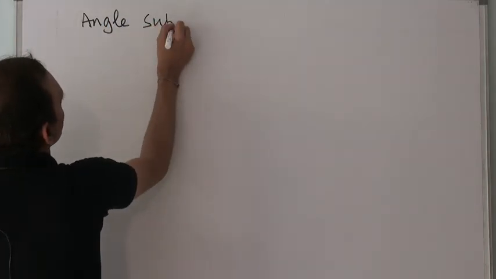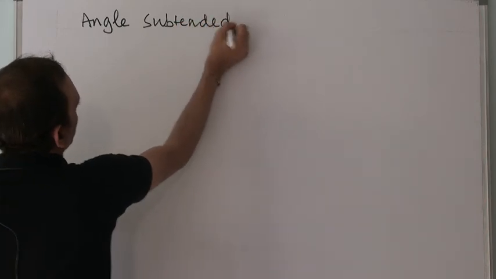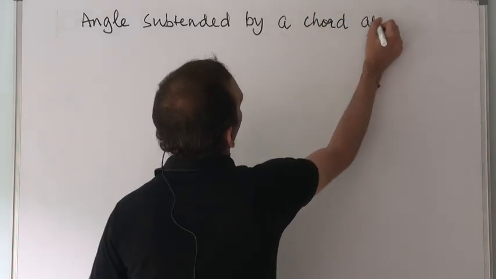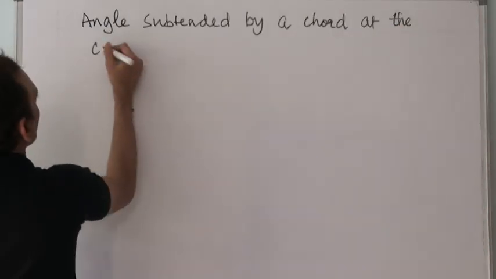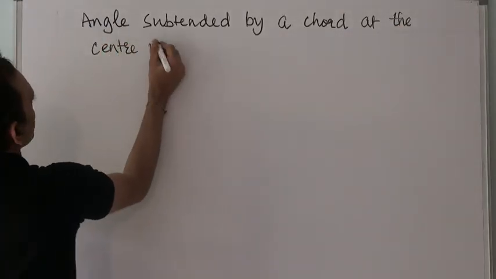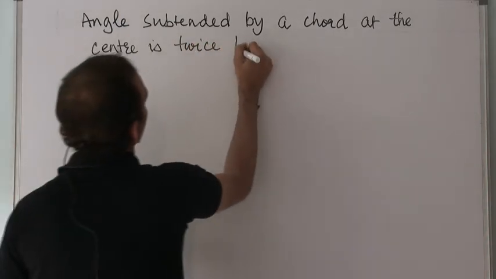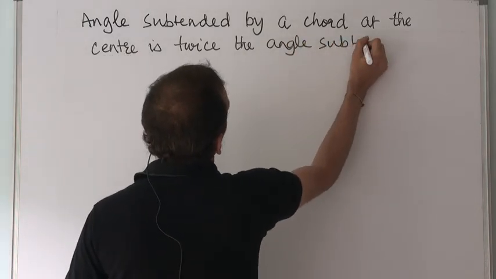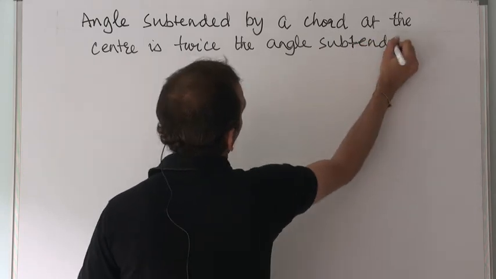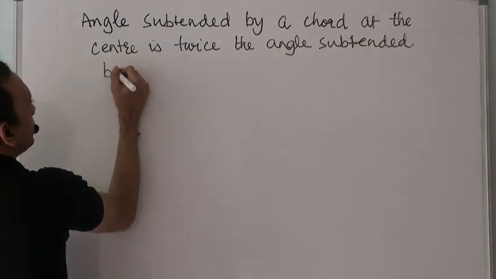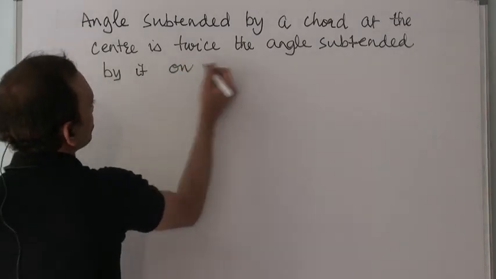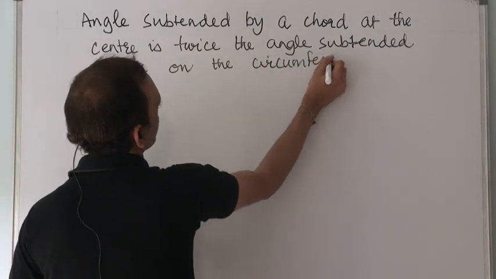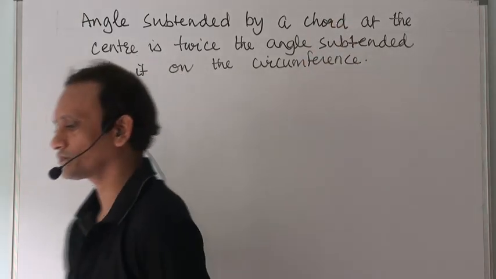Angle subtended by a chord at the center is twice the angle subtended by it on the circumference. That's the next property, right?